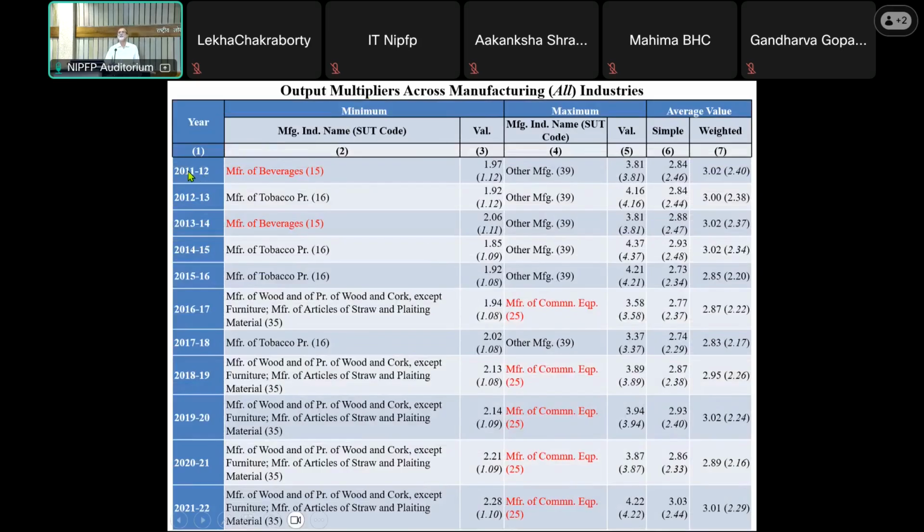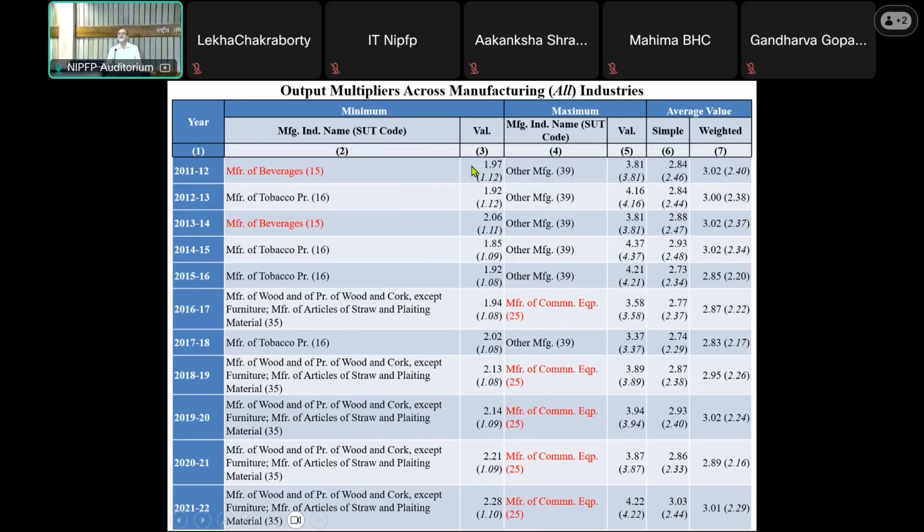For the year 2011-12, among the manufacturing sectors, manufacturing of beverages has the lowest multiplier, 1.97, which means that if you want to produce one additional unit for final use from the beverages sector, the total output generated in the economy is 1.97 rupees. That is the minimum multiplier among the manufacturing sectors.